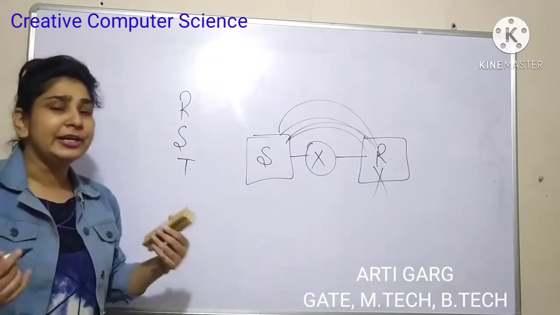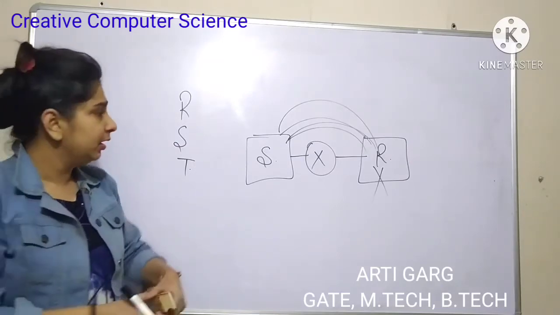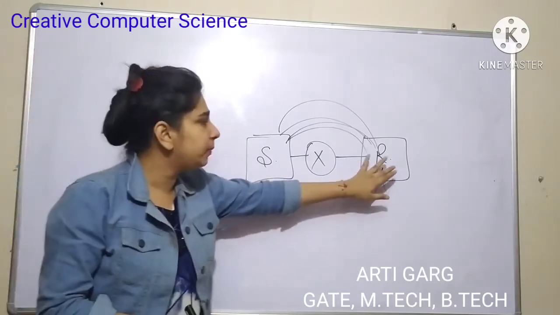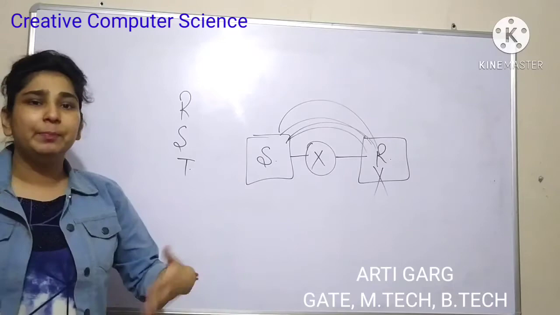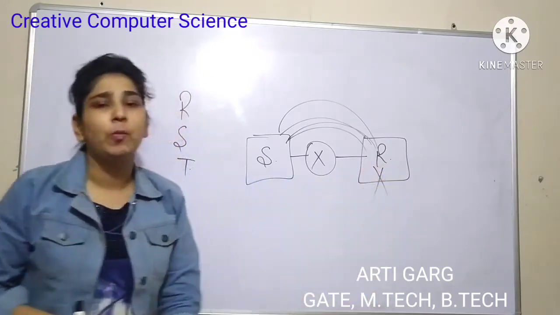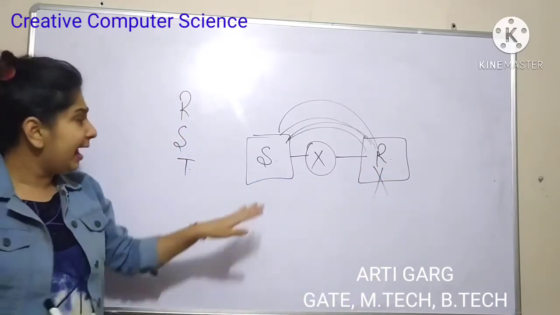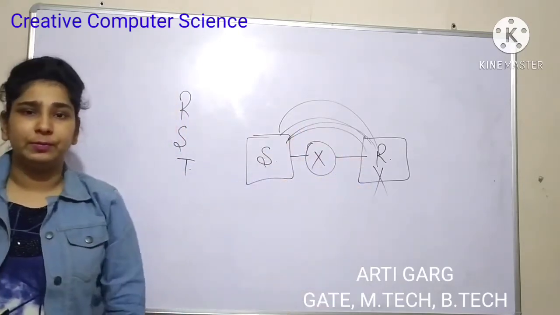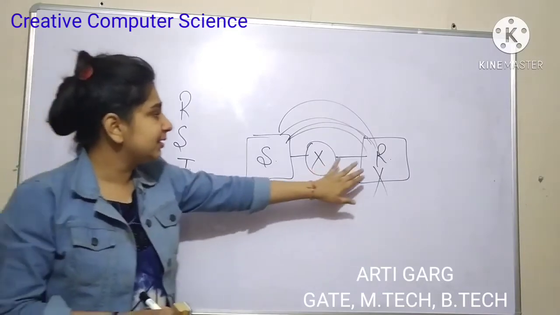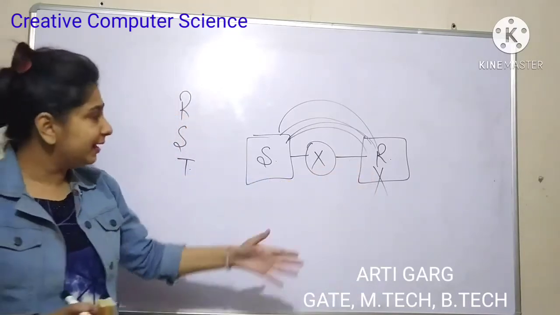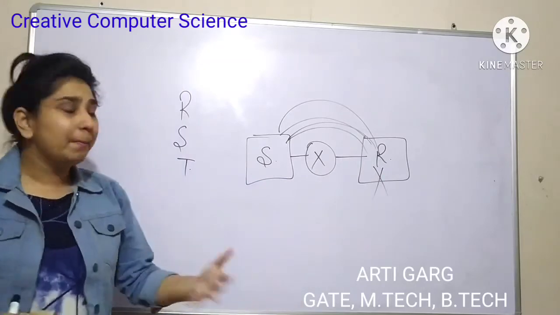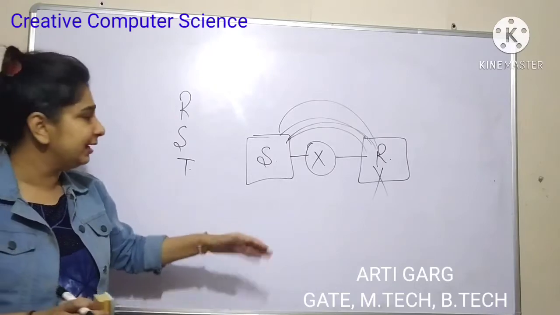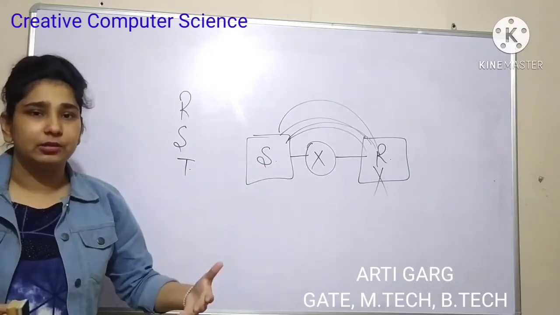Let's suppose after some time the receiver again becomes active. It stopped working initially, but now it works properly. It is now active, and the sender is continuously sending messages to the receiver. The receiver machine is on, but the connection they established previously was the past connection.